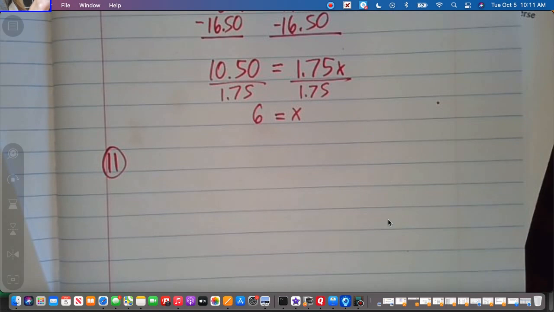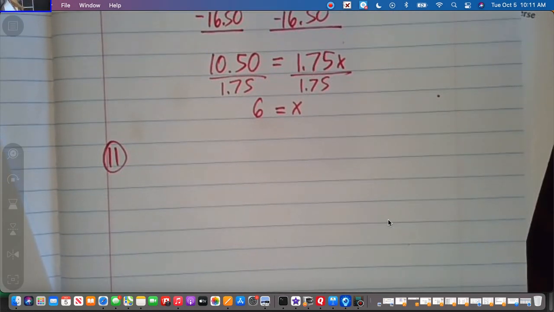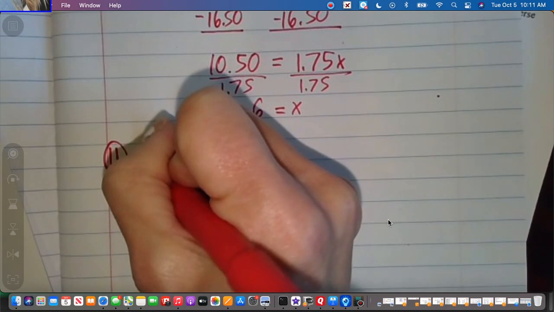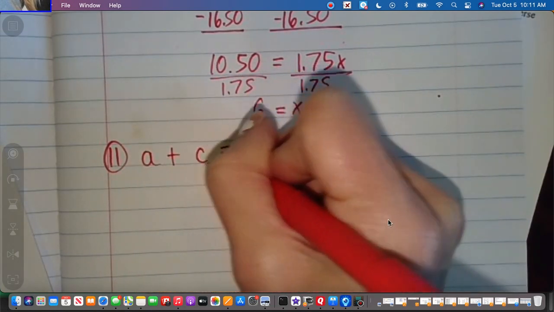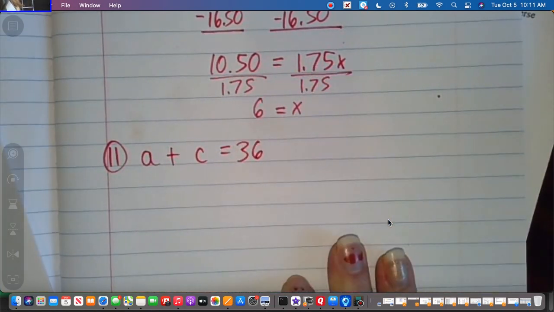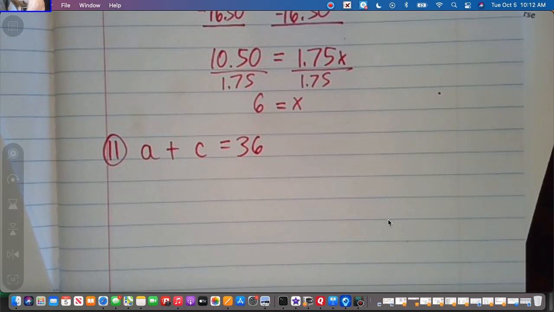So first of all, 36 people attended the ball game, so we have adults and children. What letters do we use? A and C. If I have adults and children added together, how many were there? 36. There's a total of 36.